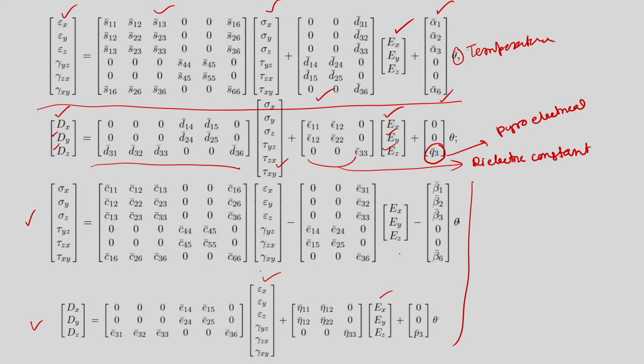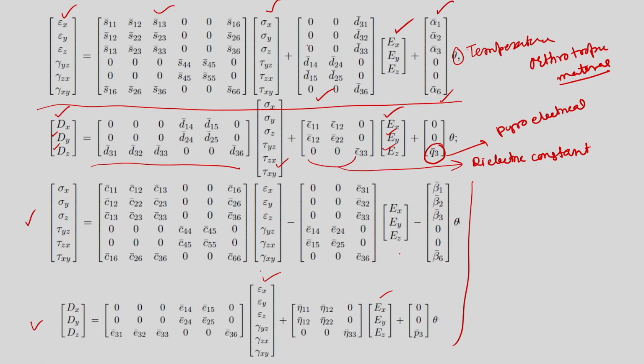These matrices are valid only for orthotropic materials, when we assume that material properties are orthotropic in nature. But if it is transversely isotropic or some anisotropic, then wherever there is 0, some more terms will come up.